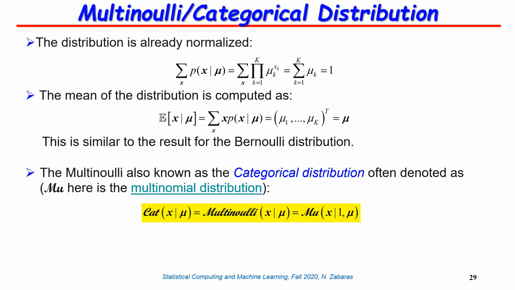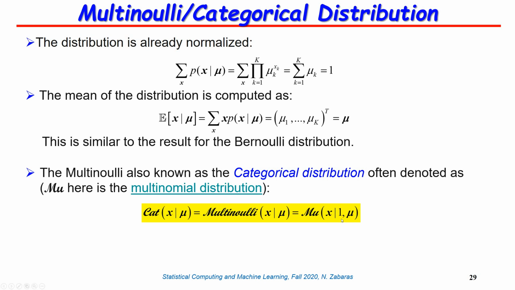Now, this distribution is also related to the multinomial distribution. The multinomial distribution is the distribution where in n experiments I get m1 times state 1, m2 times state 2, and m subscript capital K times state K. The Multinoulli is a generalization where I don't conduct n experiments.